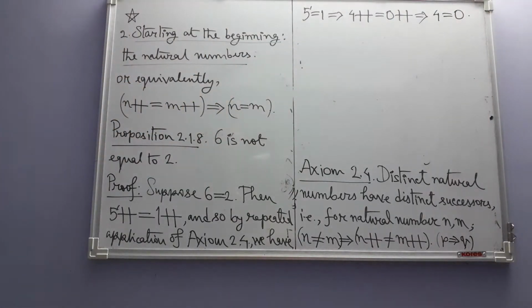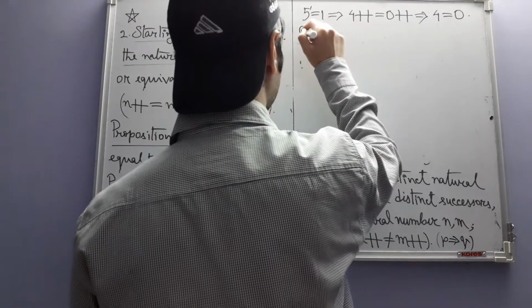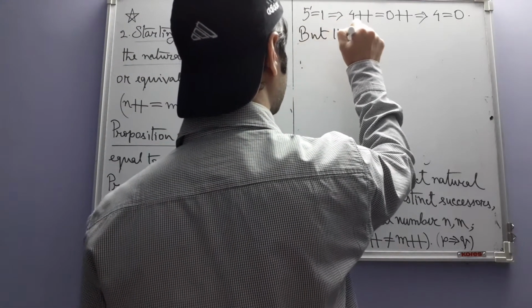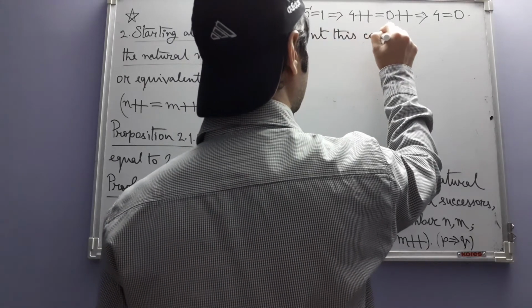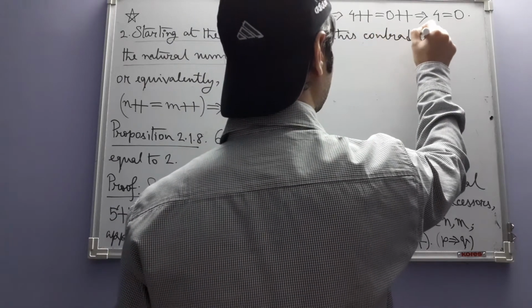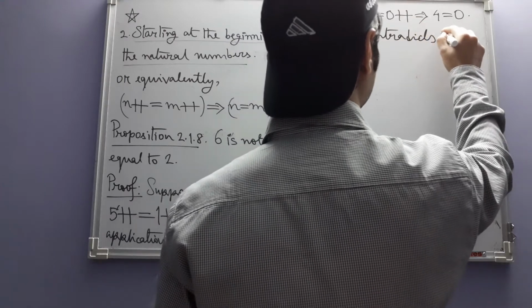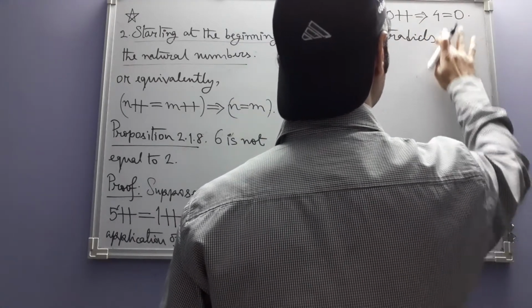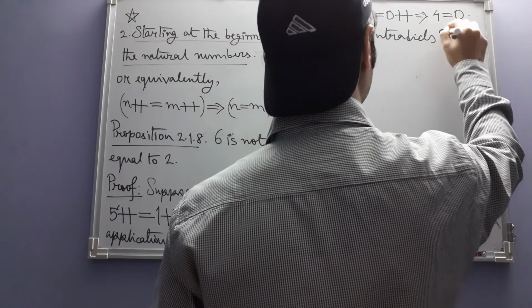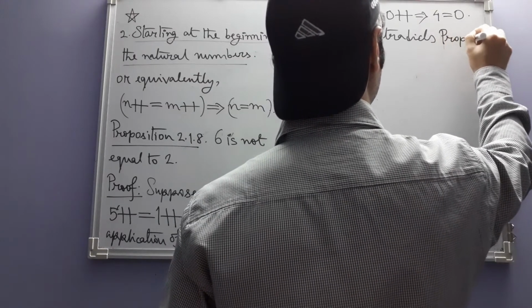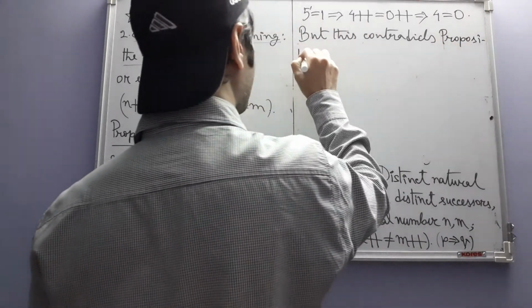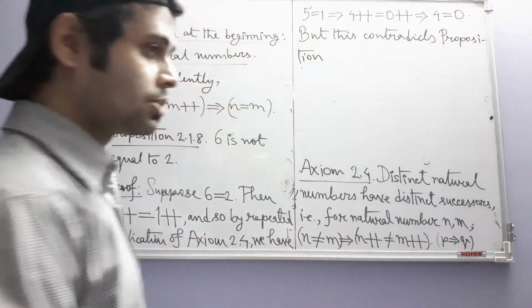And this contradicts, I think, one of the previous things that we have already proved. But this is a contradiction, but this contradicts proposition, what is the proposition number?